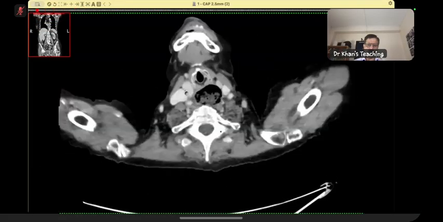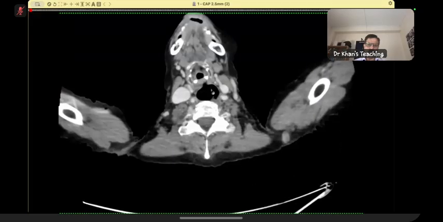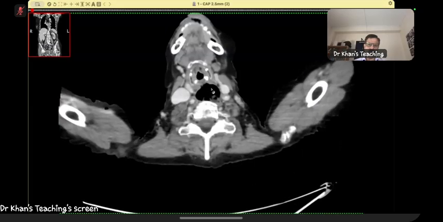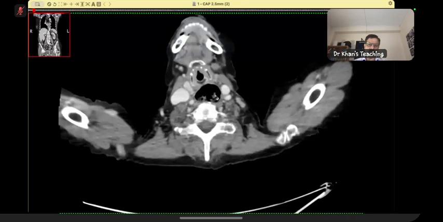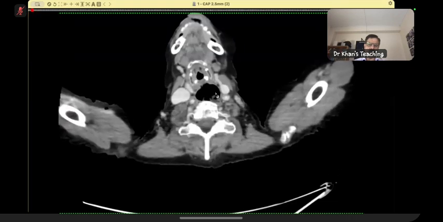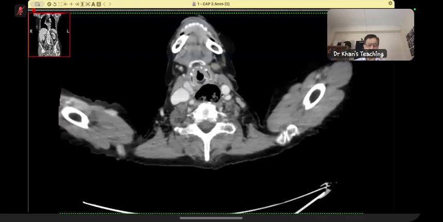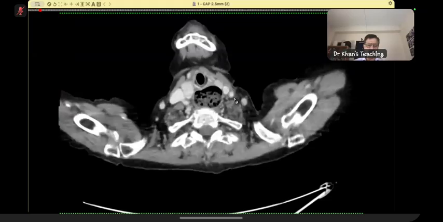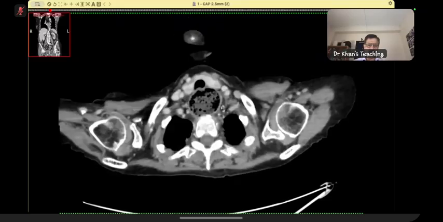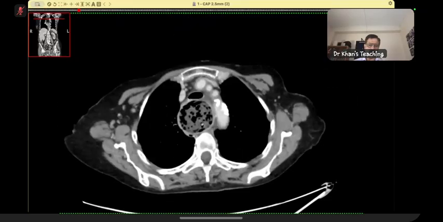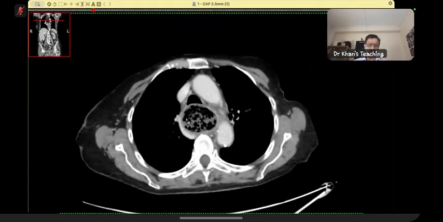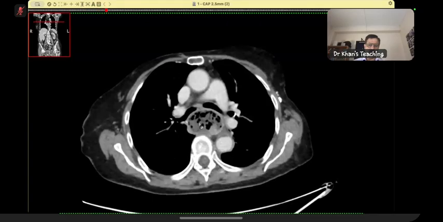So if we go all the way here, this is the level of the cricoid cartilage, and there is fluid here, and it was very well done because I wanted to see that the candidate must point out if there is any aspiration, and there was none in this case. But I wanted to see that. Now, you can see how it goes to the right side, and I'll show you a coronal just to highlight that.